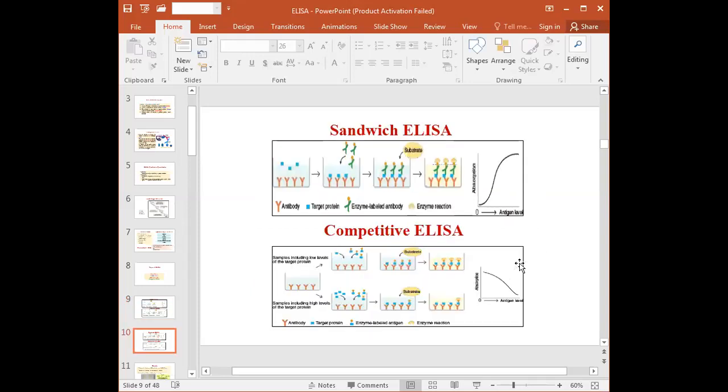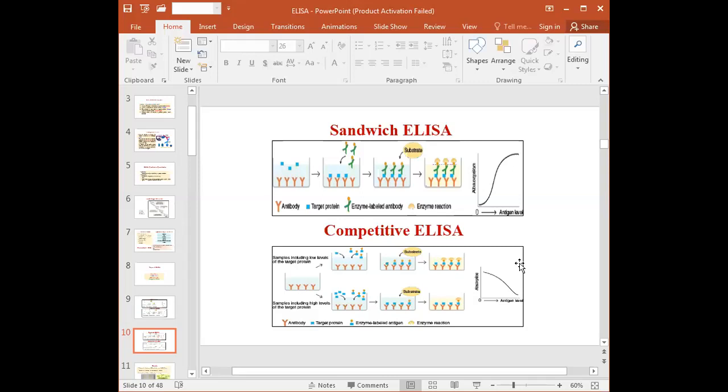Next is sandwich ELISA. Here we are not adding the antigen to coat the plate. Instead, we add the primary antibody to coat the plate. Then we add the antigen to interact specifically with the primary antibody. After that, we add the secondary antibody tagged with an enzyme.